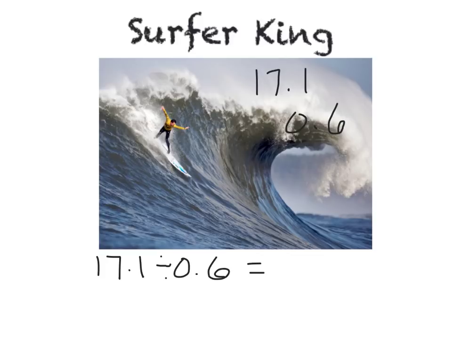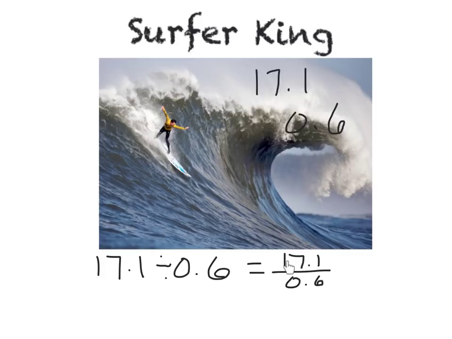And what I like to do is go back to the fraction, right? So let's look at fractions, and you can think of fractions in a number of ways. You can say 17.1 over 0.6, or 6 tenths, which is hard to say here with this one. The other thing you can say is 17.1 divided by 0.6.